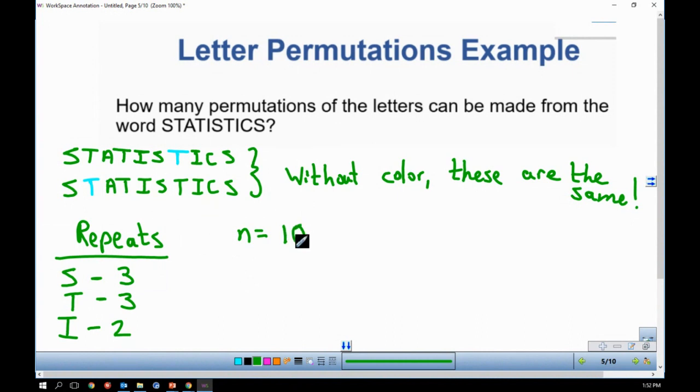Looks like we have 10 letters in our word. So then on top we would have 10 factorial divided by 3 factorial times 3 factorial times 2 factorial.